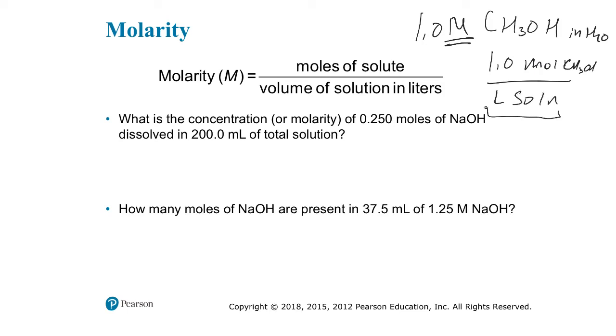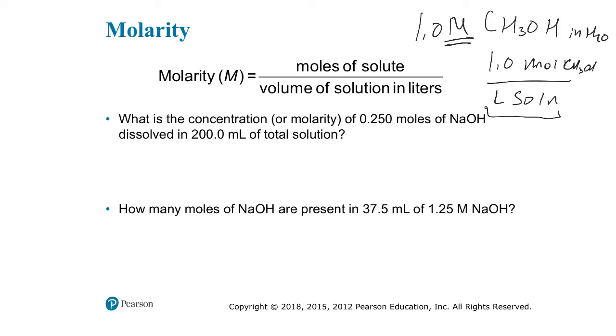Now, if I have a liter of solution, you may wonder how much of it is water and how much is methanol. It turns out when you start mixing liquids, you can change the volume, so we treat the volume of the solution and not the volume of any one of the liquids being mixed. This is also a useful unit because I could take a molarity and multiply it by however much volume of the solution I use and calculate something about the solute.